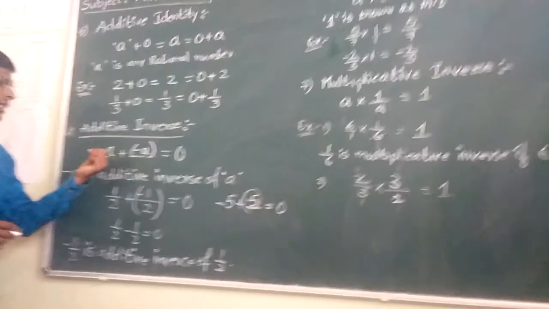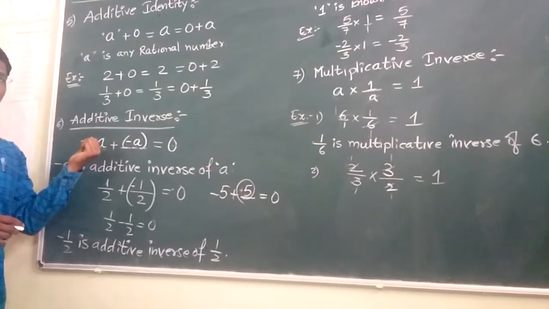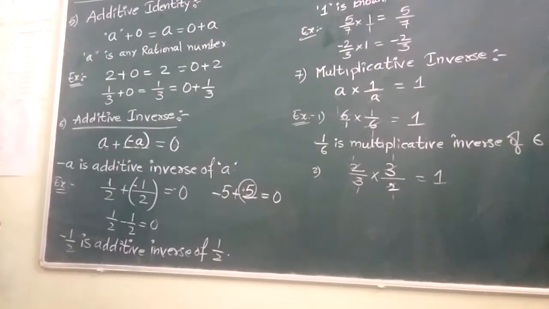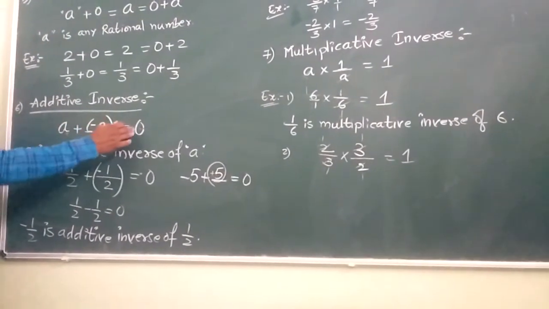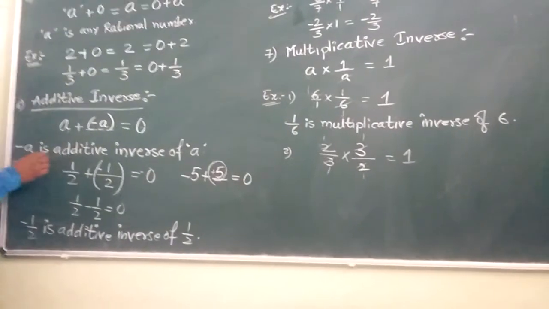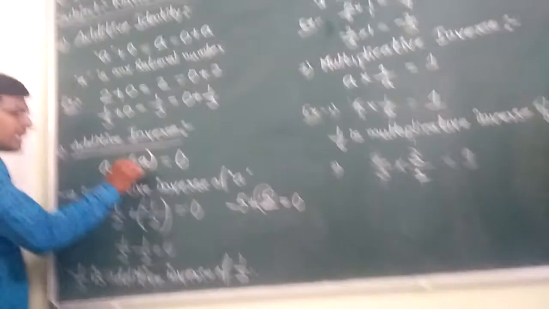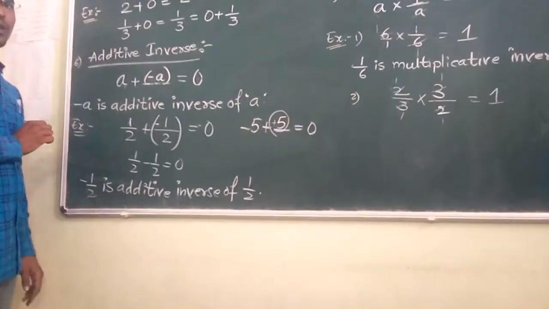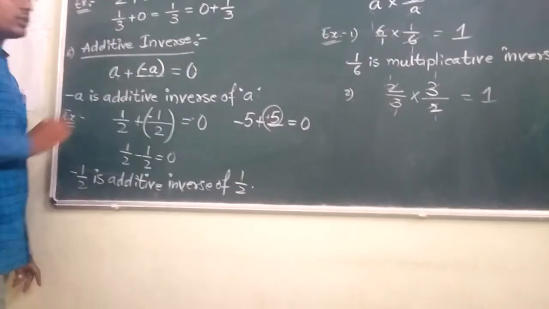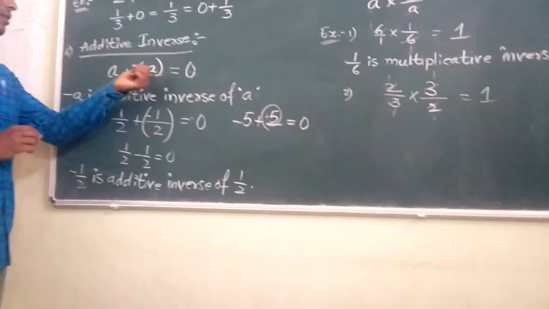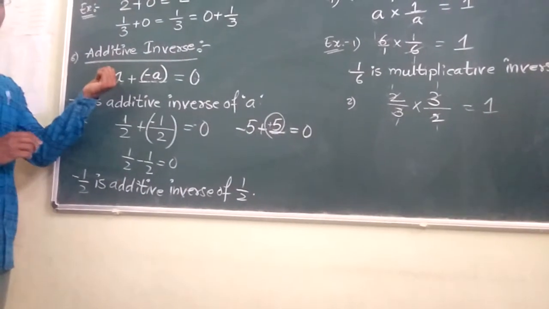If you add a number to the rational number, you should get the sum as 0. For example, here minus a is the additive inverse of a.